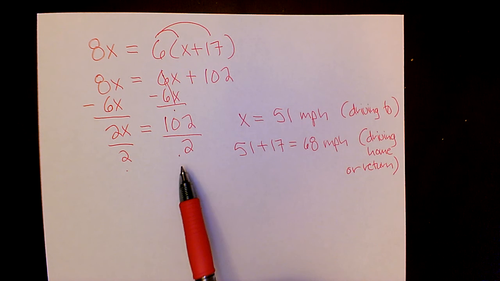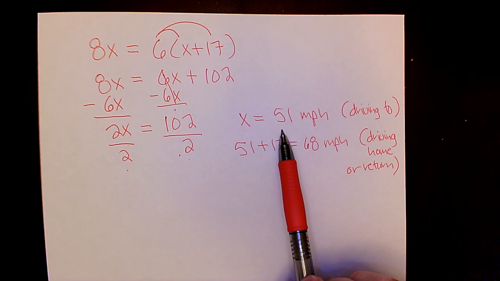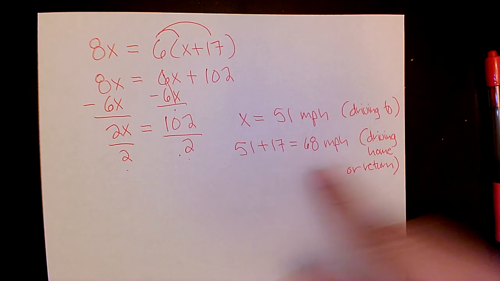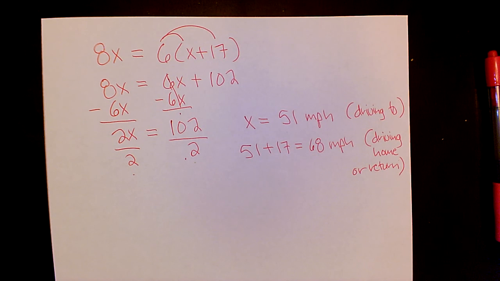And then I divided both sides by 2, and 102 divided by 2 is 51. So I know that driving to the football game, he was driving at a rate of 51 miles per hour.